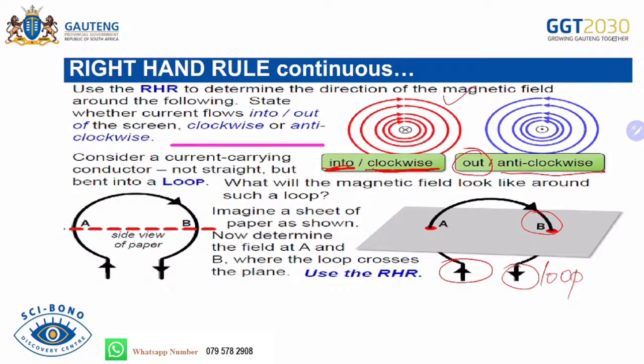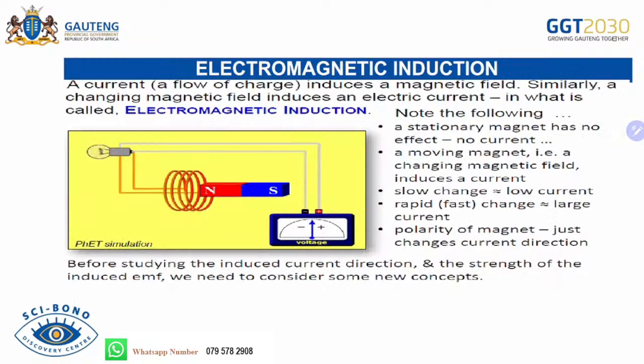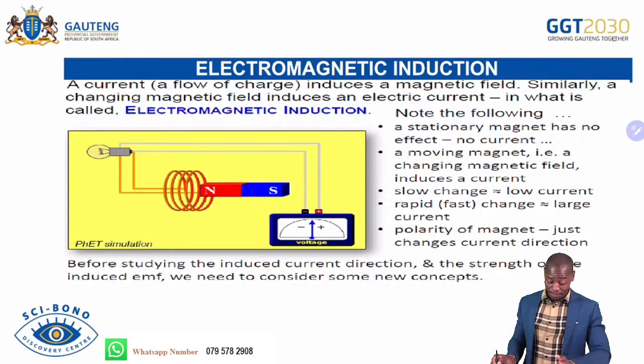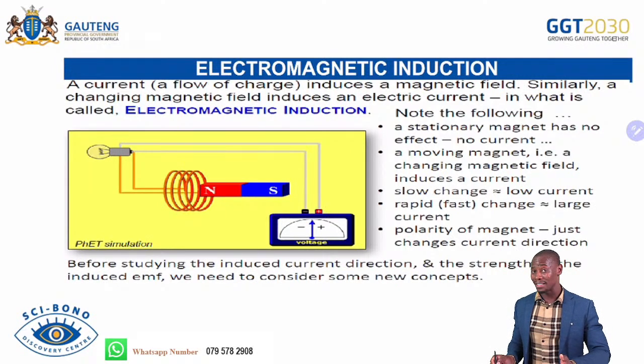Then let's move to electromagnetic induction, right? What is electromagnetic induction? Again, I think we did touch on this in grade 11, but let me just remind you. Remember, in the previous slide, we said current induces the magnetic field, all right? Then, similarly, a changing magnetic field induces electric current.